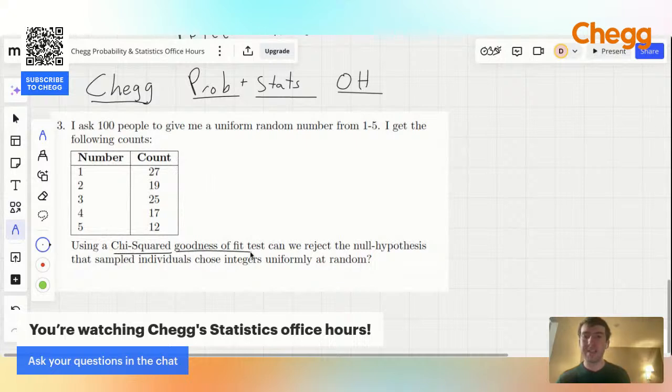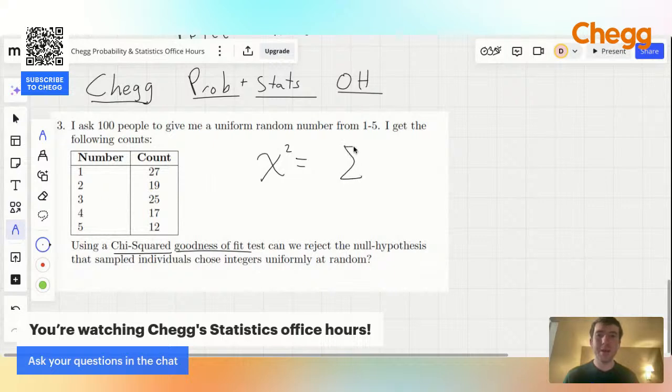And what this test is, it relies on the following statistic. Chi-squared is defined in the following way.